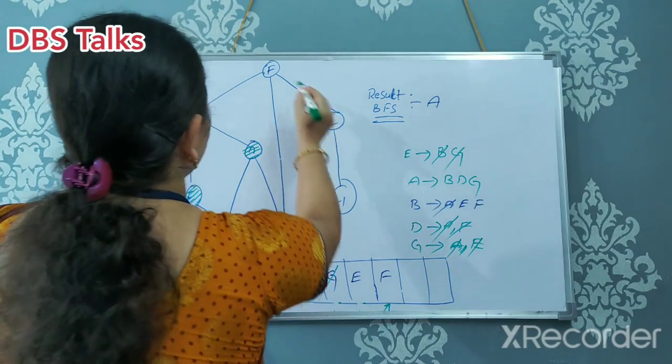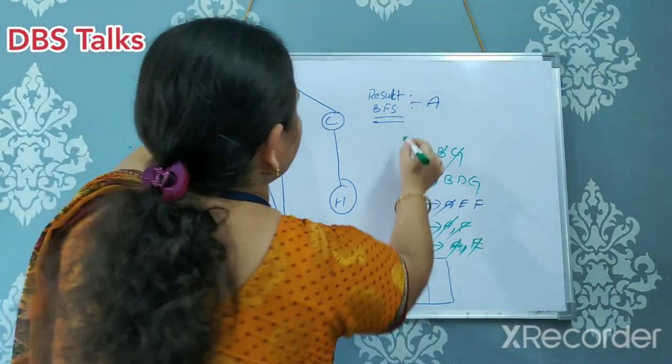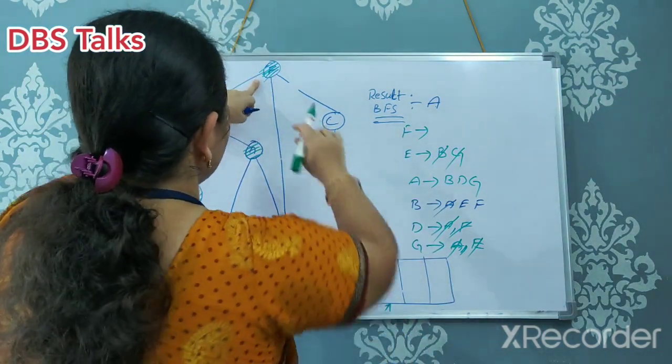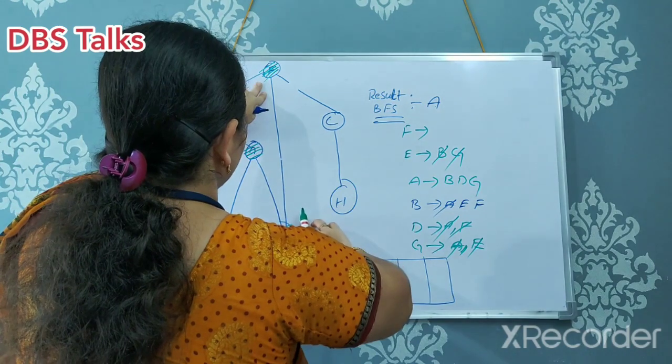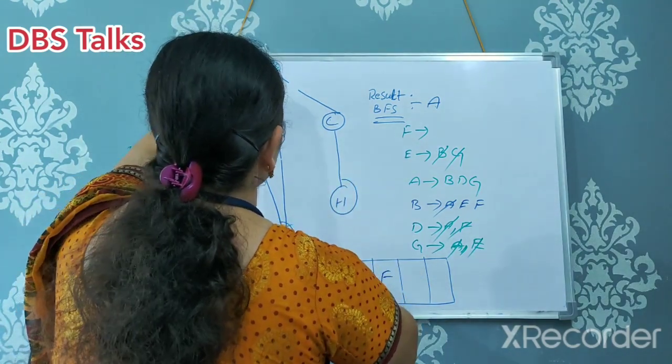So we dequeue F from Q. What are the adjacent unvisited vertices of F?